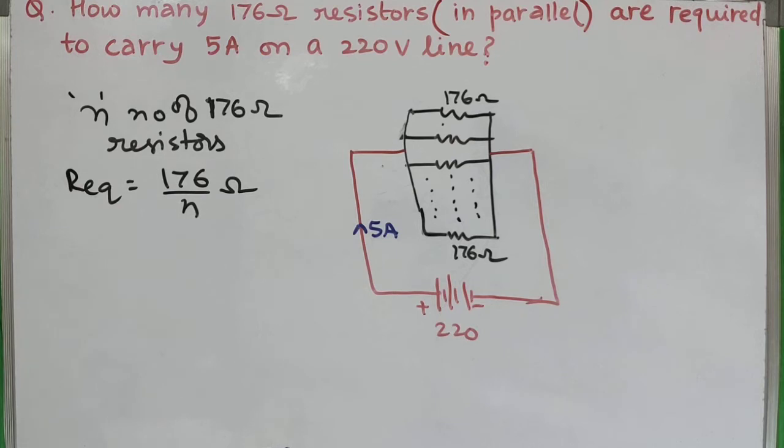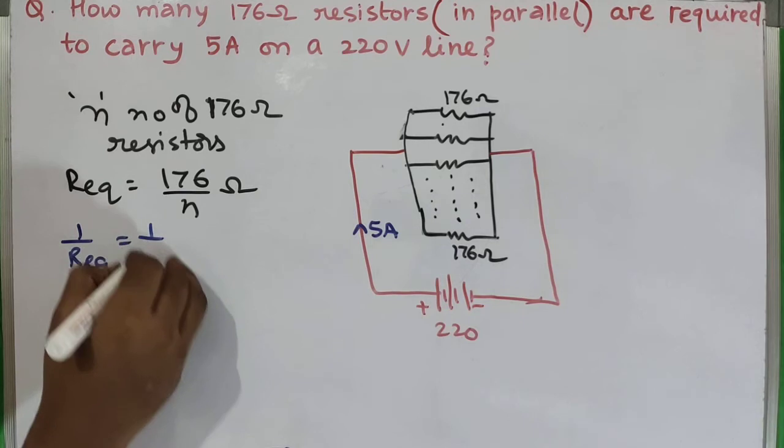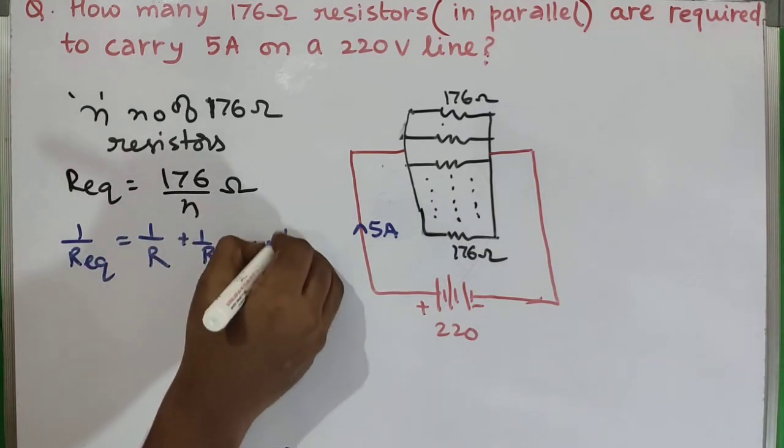If you are not satisfied with this, you can do the same old method. 1 by R equivalent is equal to 1 by R plus 1 by R plus, and so on.